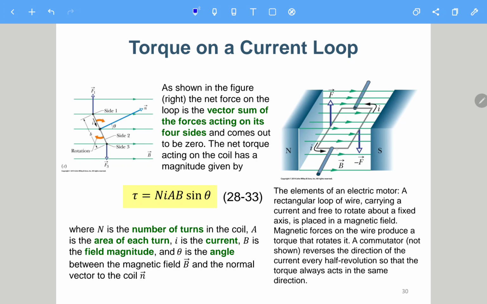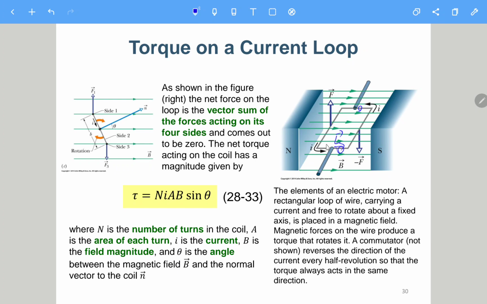Now let us see the force acting on the wire. Suppose the B field is pointing to the right side. Let's see this one first. This is L. So L cross B: L and B point in the same direction, so there will be no force acting on this wire.